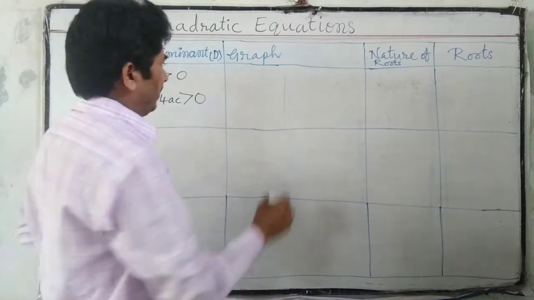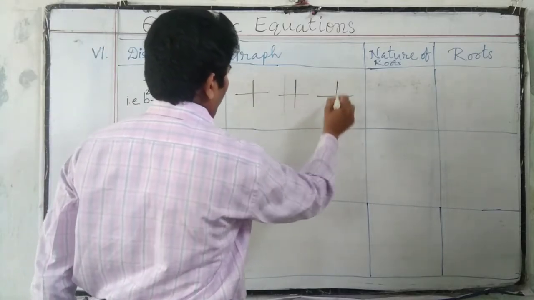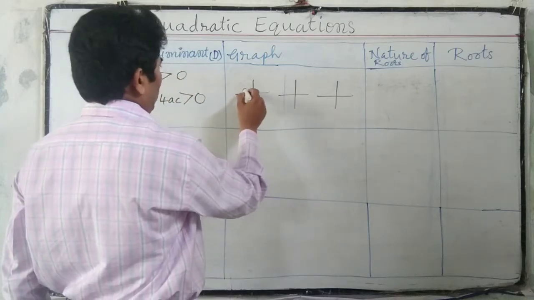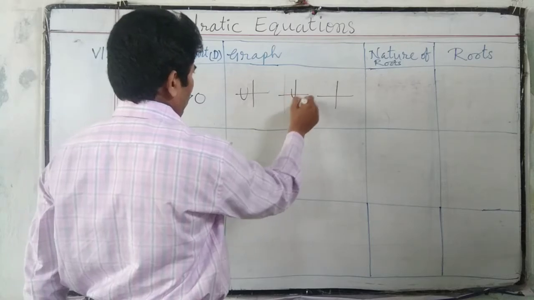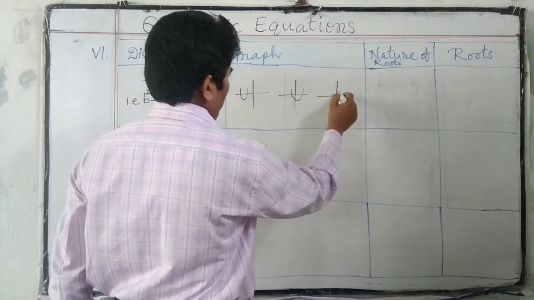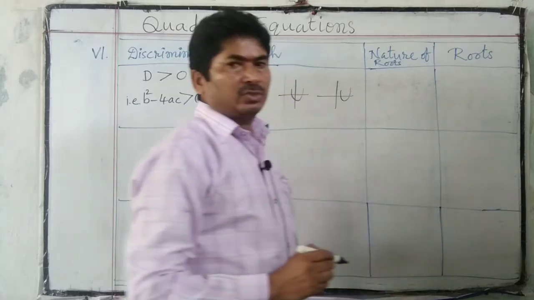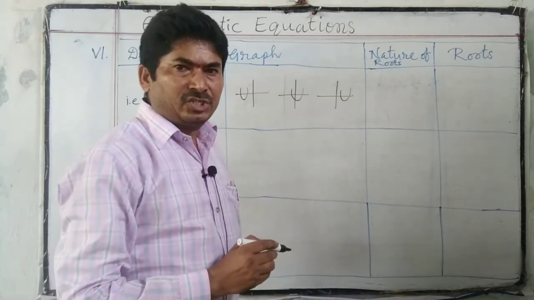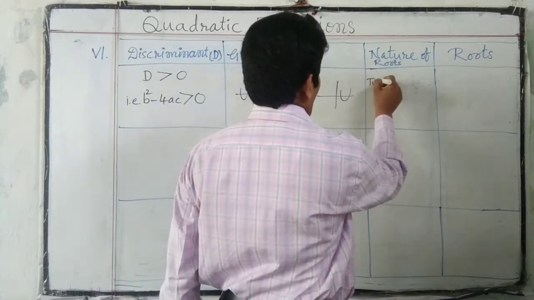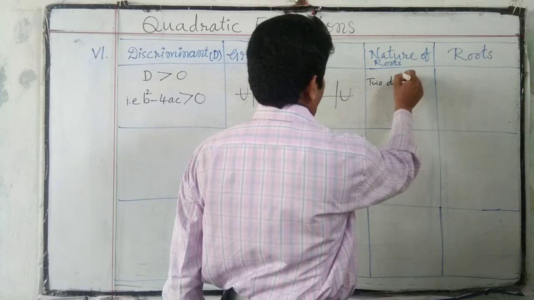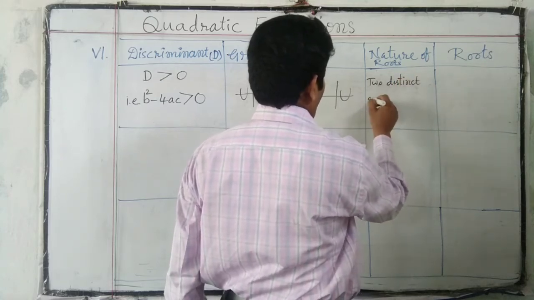Then the graph is like this. Nature of roots: two distinct real roots.